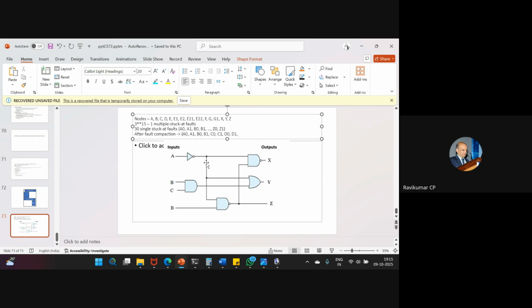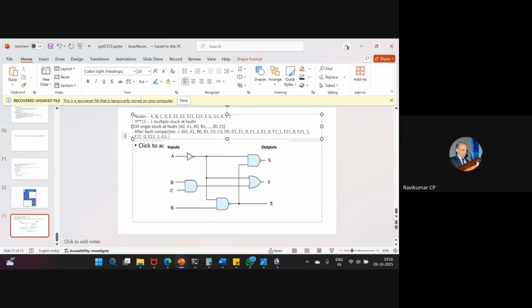Then we called this, I think, E1 or something like that. E1 0, E1 1. Okay. And then E2 0, E2 1. And then E21 0 and E21 1, right? And then E22 0 and E22 1. And what was the other one?